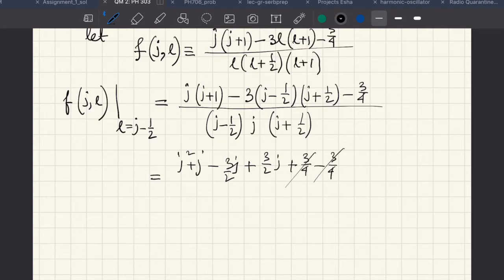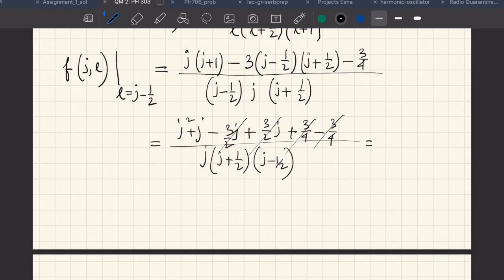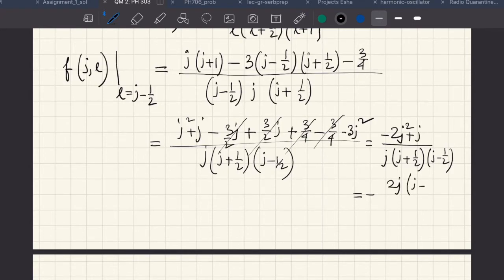Sorry, there is a 3J square which is missing. So all these get cancelled, and then we have J into J plus half into J minus half in the denominator. We have minus 3J square plus J square plus J. So this is minus 2J square plus J divided by J into J plus half into J minus half. So I can always write it as minus 2J into J minus half.